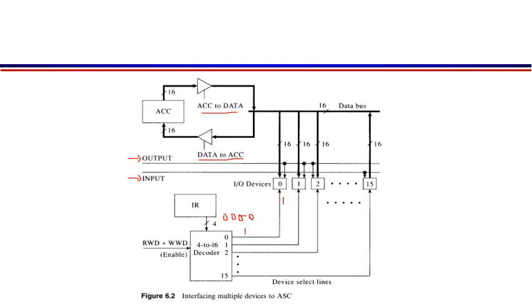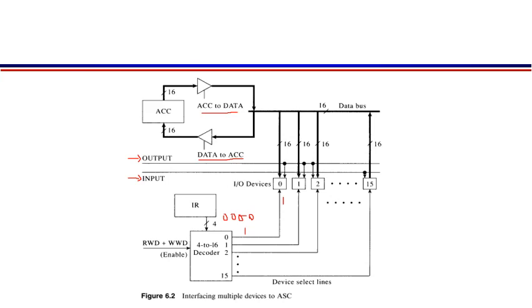Whenever there is a high or 1 at the input line, the devices will act as input, and whenever there is a high clock pulse or a 1 at the output line, the devices will be used as output devices. All the 16 devices are connected with these input and output lines.